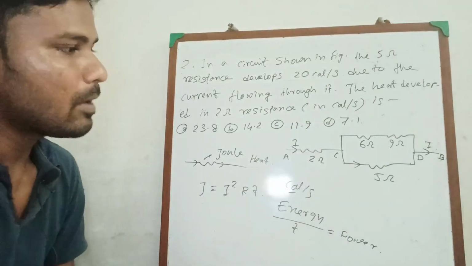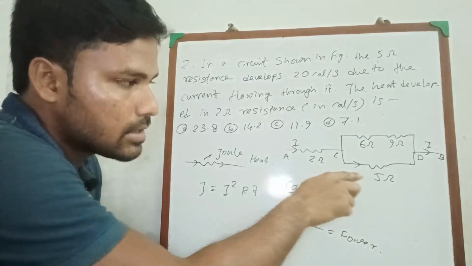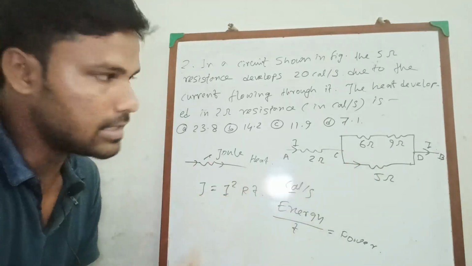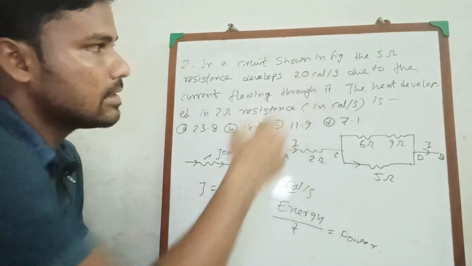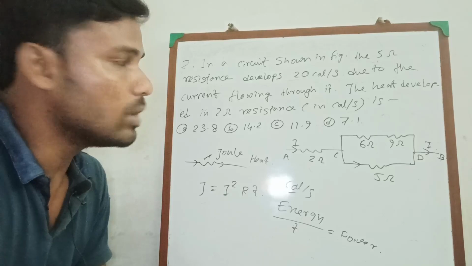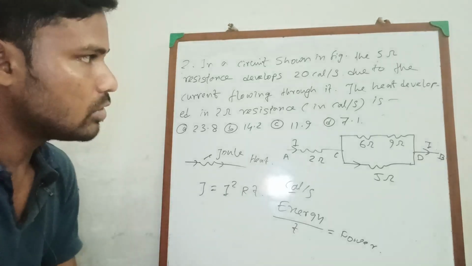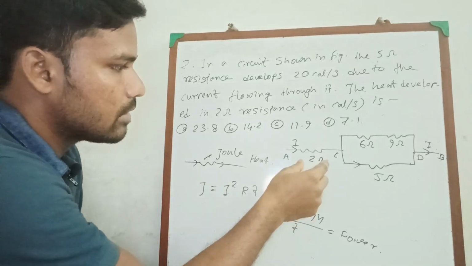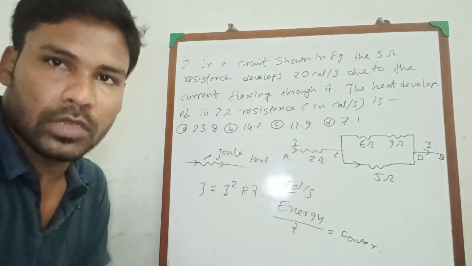So whenever a current passes through this 5 ohm resistance, the power generated here in the form of heat is 20 calorie per second. So you have to calculate the power at the 2 ohm resistance.